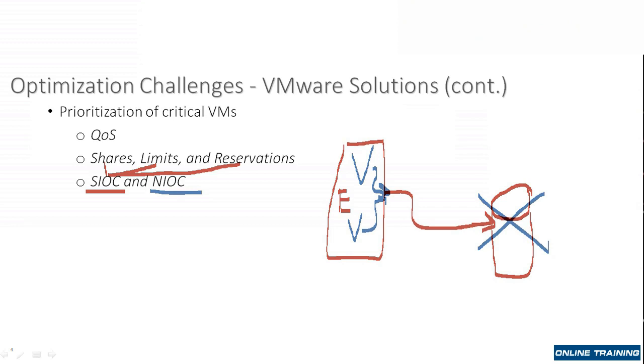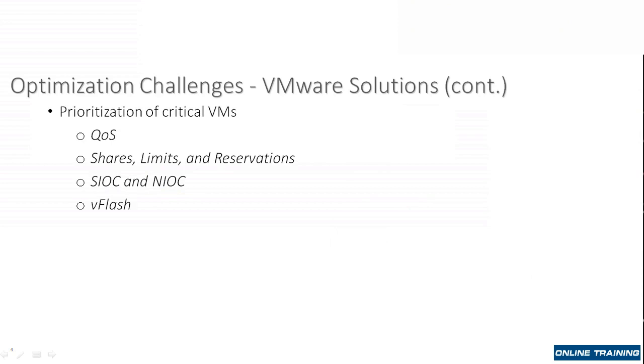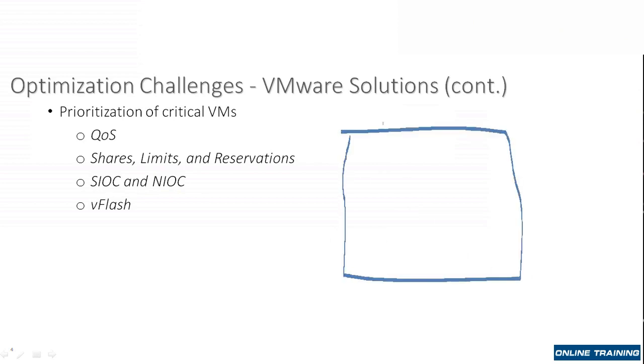And the final solution to these prioritization of virtual machines is vFlash. So here's what we can do with vFlash. With vFlash, we can take an ESXi host, here's my host, and install some SSD capacity on the host, right? A solid state drive. And solid state drives are really fast, right? Really fast storage.